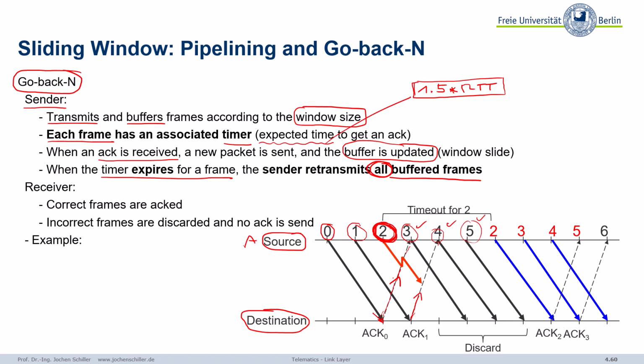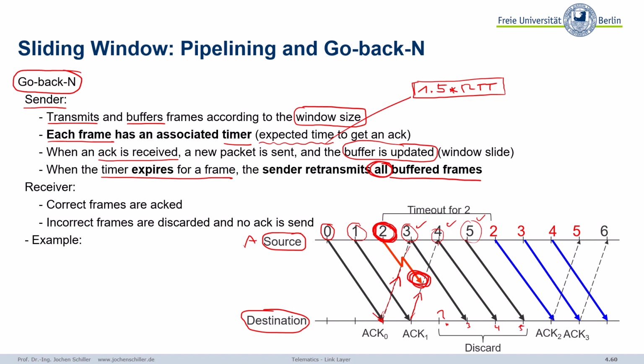But now it happens that we lose our packet 2 somewhere. It never arrives. And then, yes, we get packet 3. Okay, that's strange at least. We get packet 4. That's also strange. And packet 5.